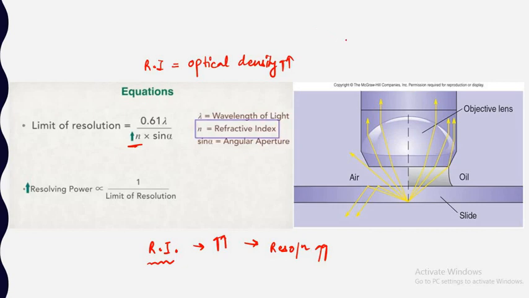If you are not placing oil, you see your waves will diffract more. Here is your specimen, for example, and here is your lens. When the rays are coming, they will diffract more. Only this many rays are gathered, and from this many rays you will get an image. This is without oil.